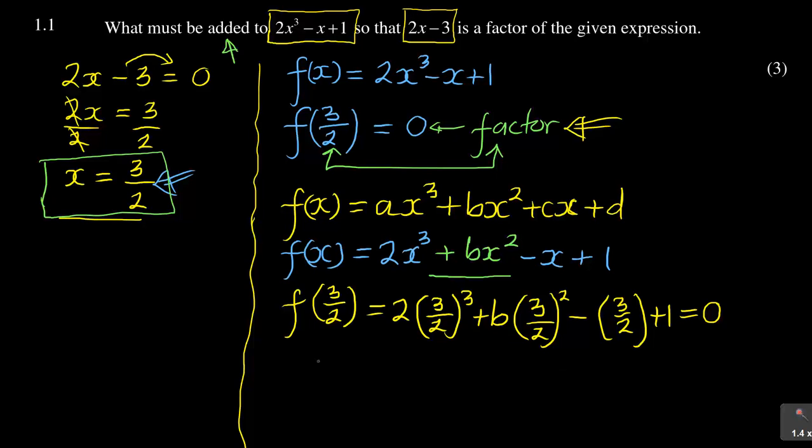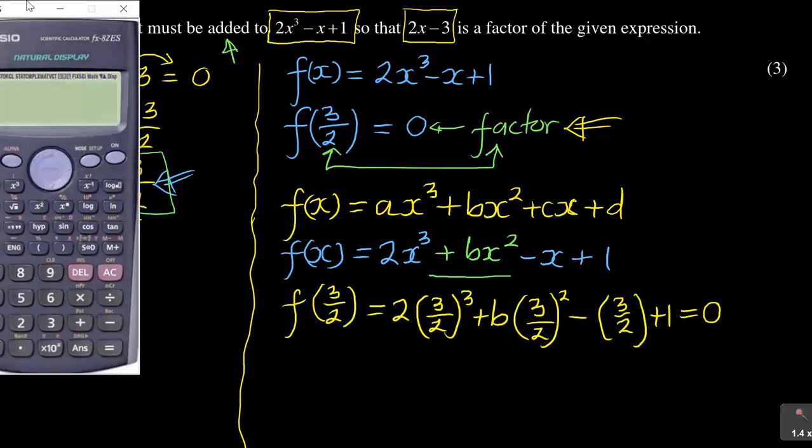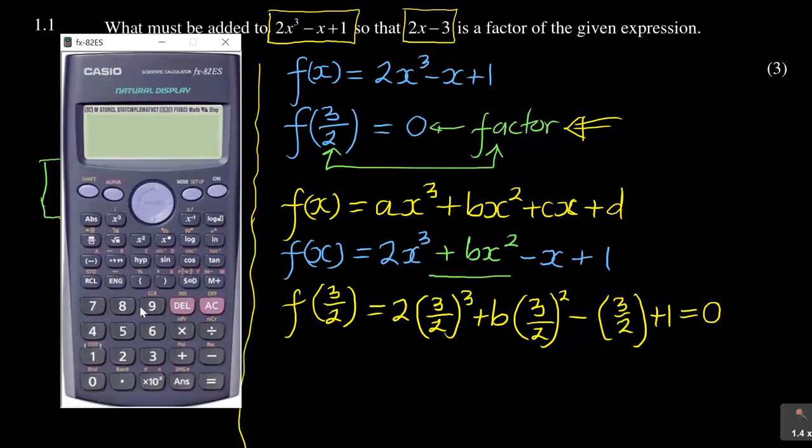Now you need to simplify that, and when you're simplifying that, you can take a calculator. You will have, just simplify the numbers as 3 over 2. This is cubed actually.